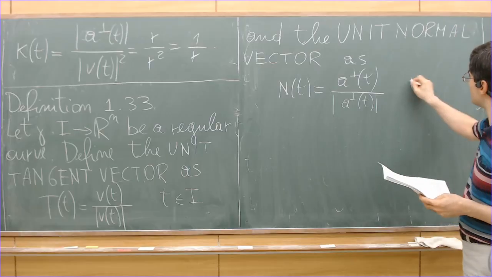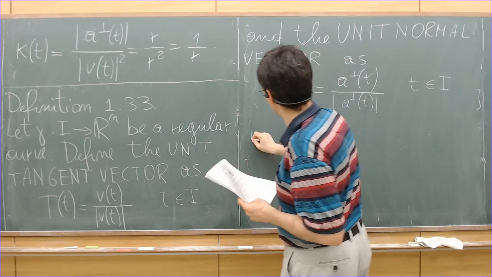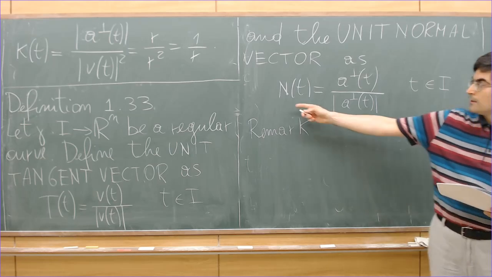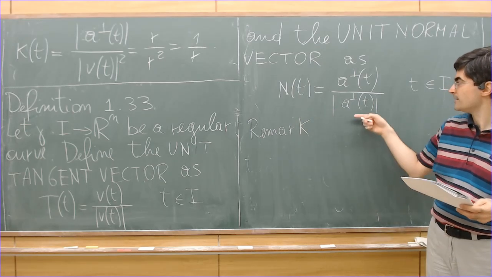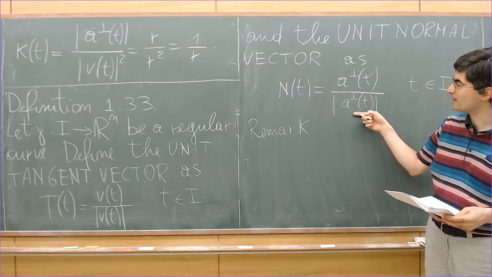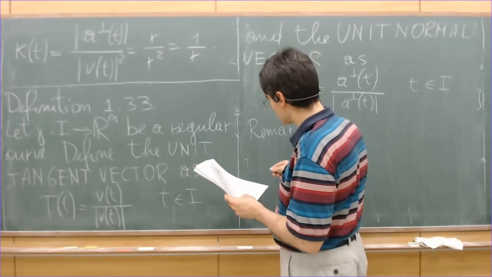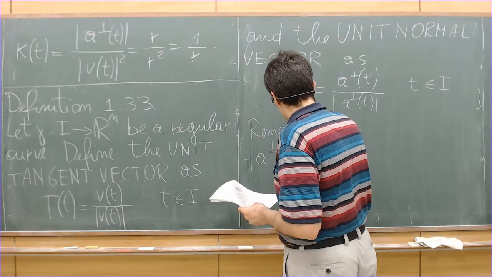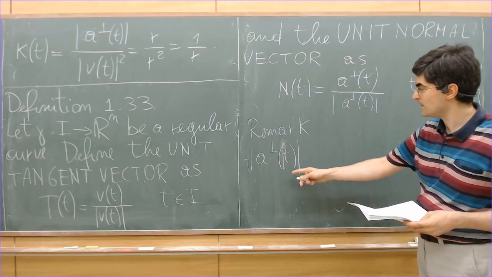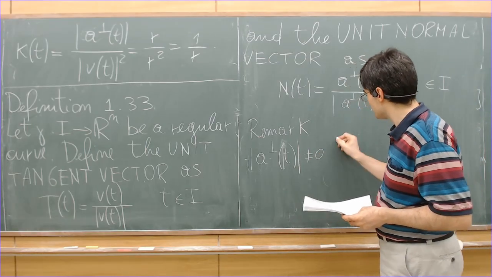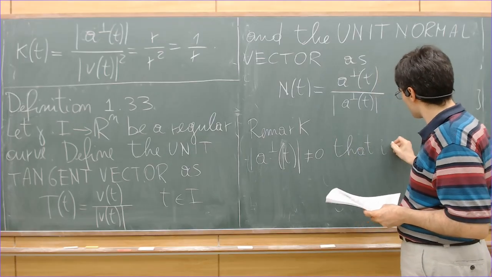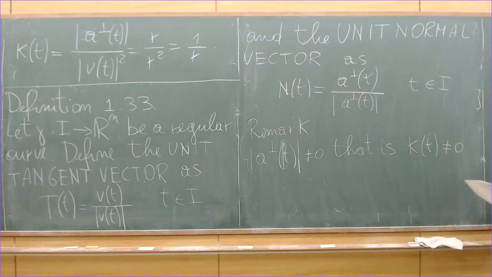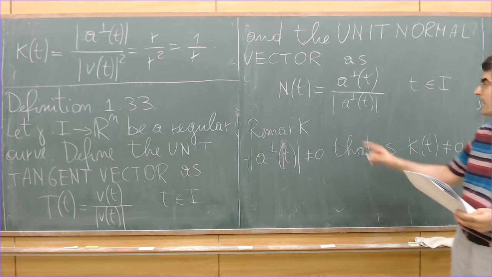A remark is necessary because when defining this vector we are dividing by the length of the orthogonal part of the acceleration, so a orthogonal of t must be a vector of non-zero length, that is, k of t must be non-zero. Otherwise, this is not defined.